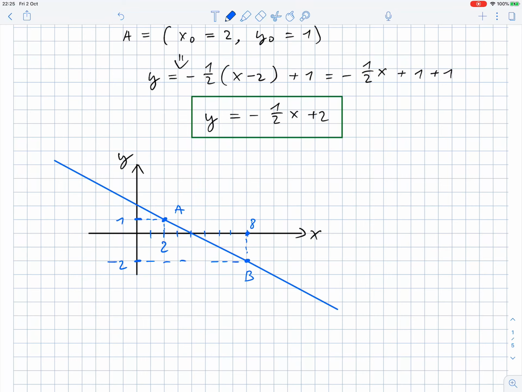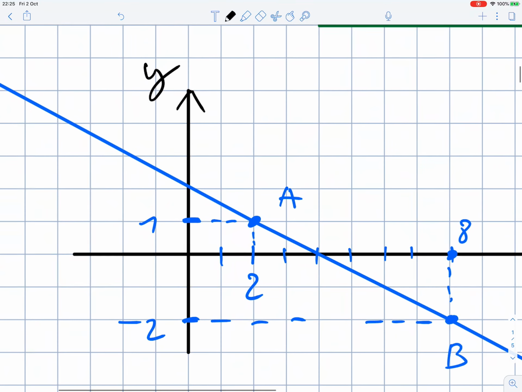Let's assume we want to find the crossover point between the linear function and the y-axis. To do so, we should use x equals 0, because at this crossover point with the y-axis, x equals 0.